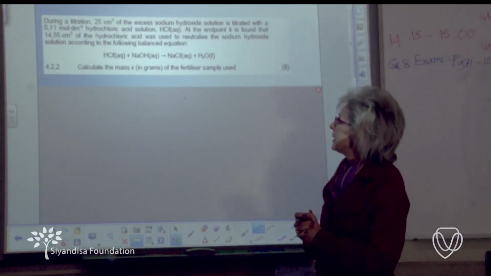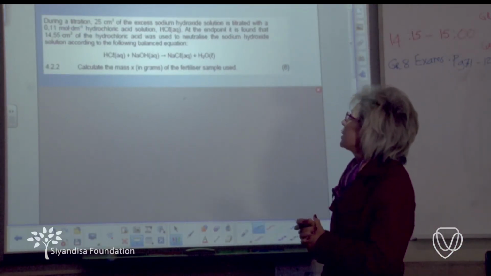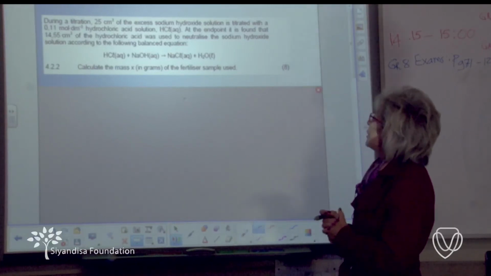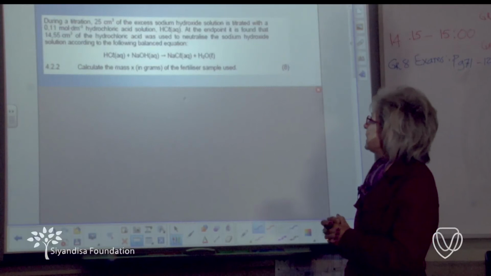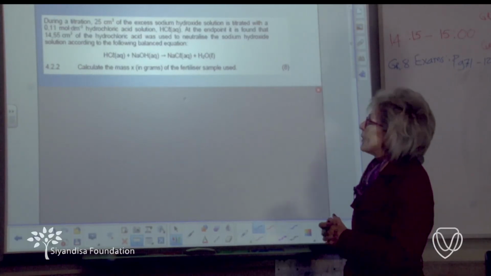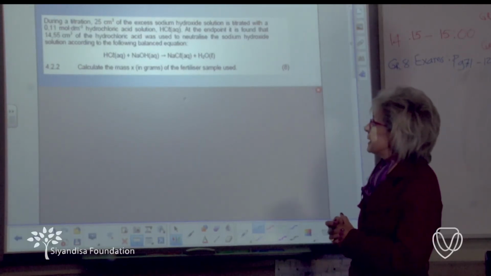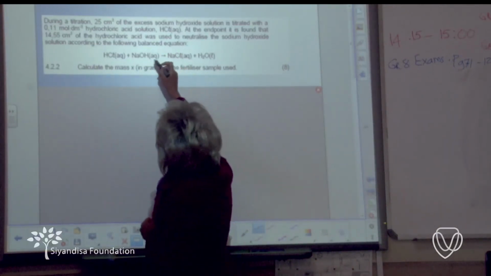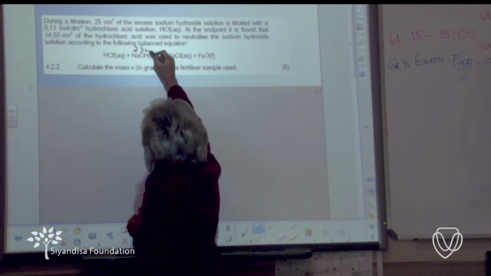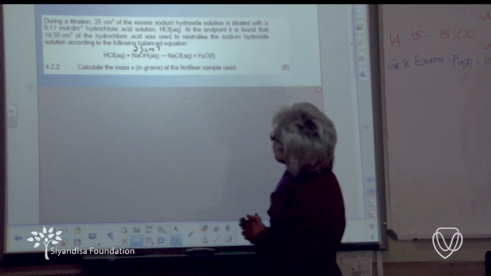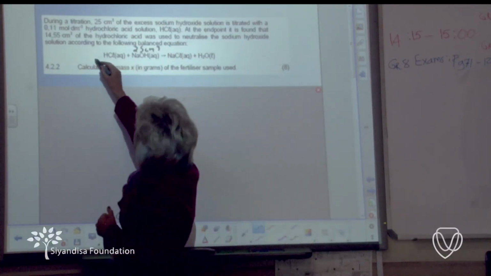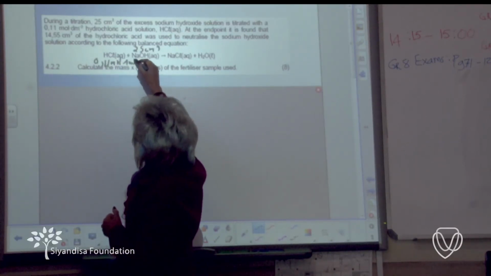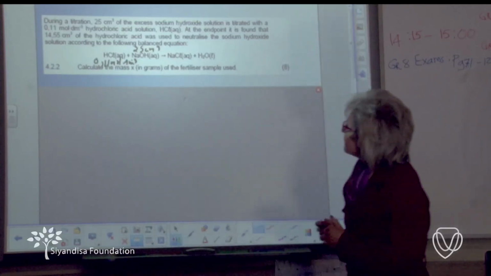So now they say during a titration, 25 cubic centimeter of the excess sodium hydroxide solution is titrated with a 0.11 mole per cubic decimeter hydrochloric acid solution. So we've got 25 cubic centimeter of this one used in a titration, titrated against HCl, 0.11 mole per cubic decimeter.